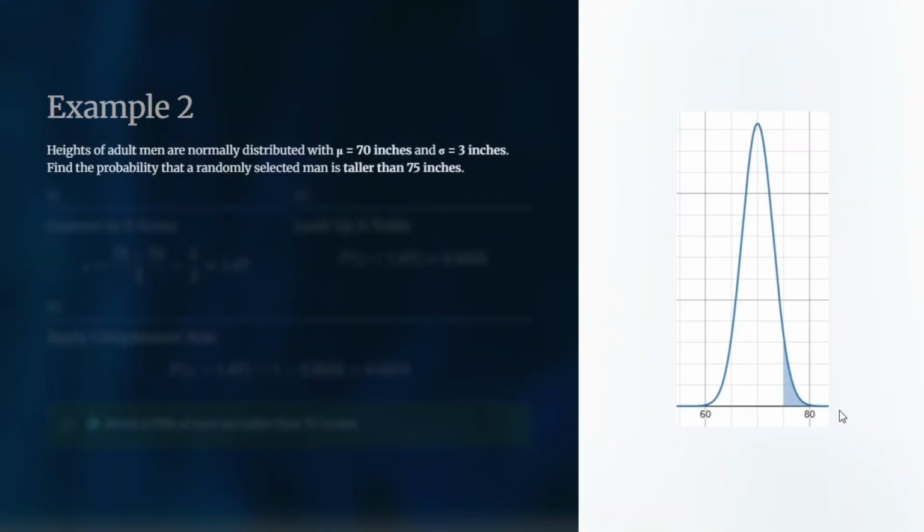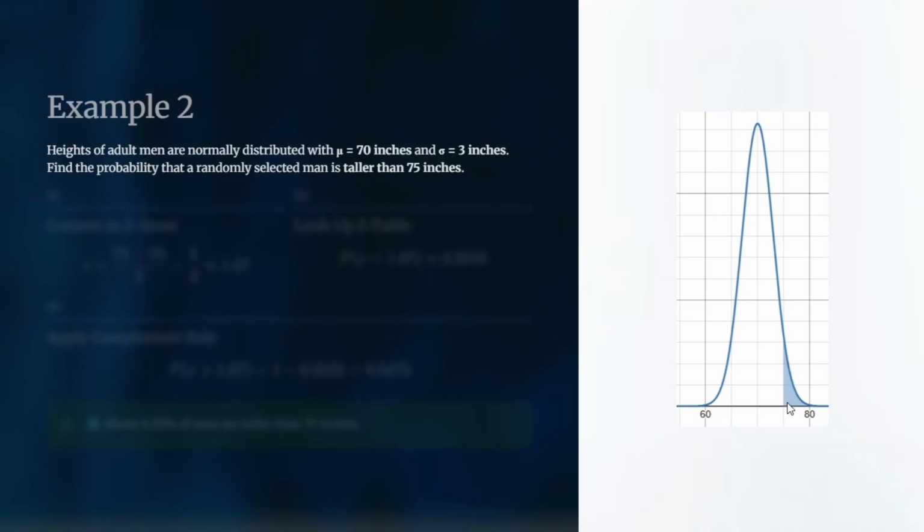In this next example, heights of adult men are normally distributed with a mean of 70 inches and standard deviation 3 inches. We want to find the probability that a randomly selected man is taller than 75 inches. Once again, we have a normal curve here. Our mean is in the middle at 70 and our standard deviation is 3 inches.